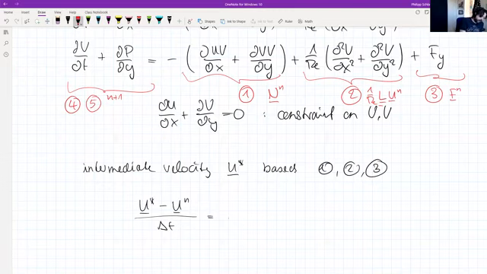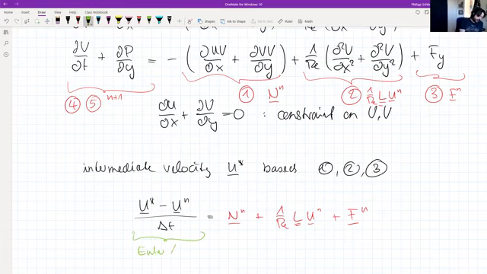So I would now write here N at n plus 1 over Reynolds L matrix times un plus fn. This now would correspond to my intermediate velocity u star. And of course, you recognize here I'm doing the simplest possible time integration via an Euler forward scheme.